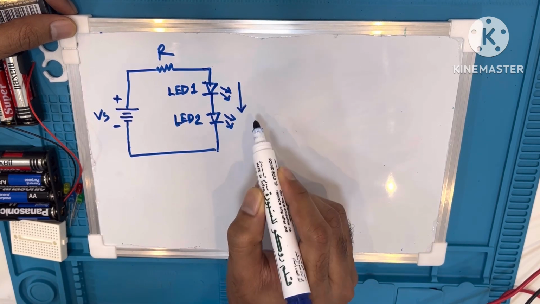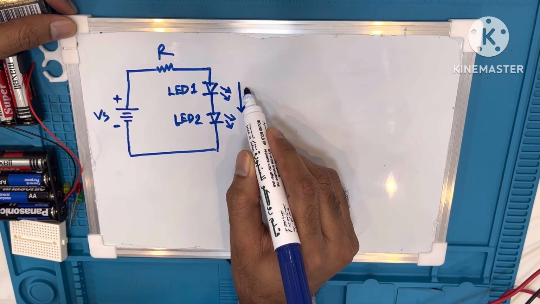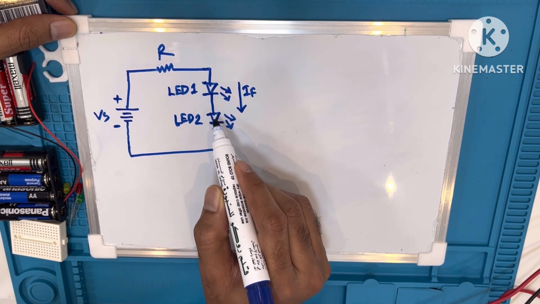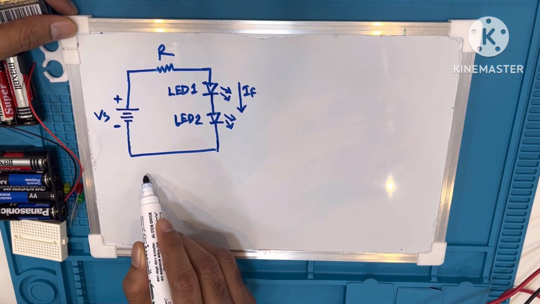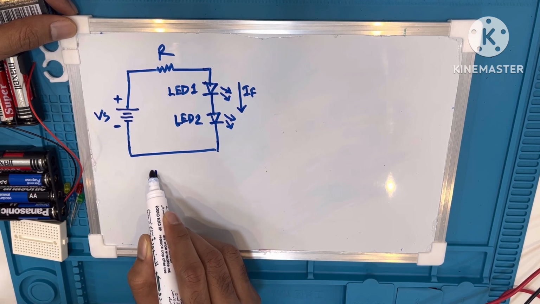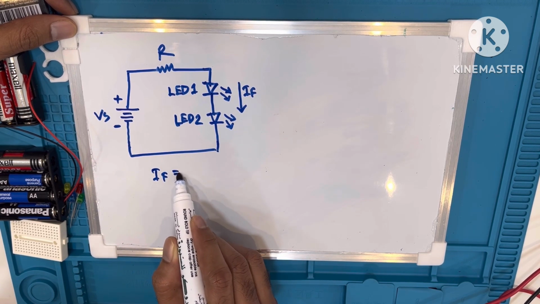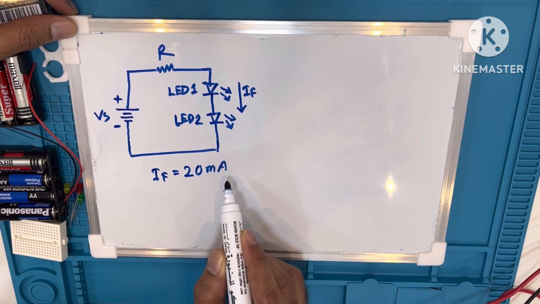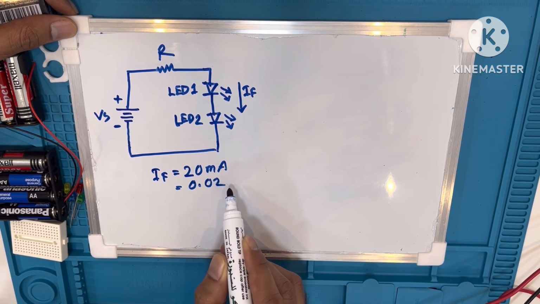As the two LEDs are connected in series, the same current will flow. So let's assume the current is IF, which is the forward current. We know the forward current for an LED is 20 milliampere, which is 0.02 ampere.